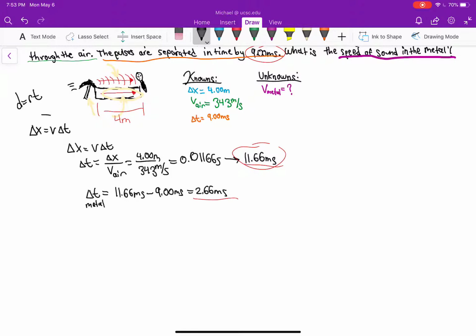So if we use this equation again, and we want to solve for V metal, V metal equals our 4 meters over our 2.66 milliseconds.